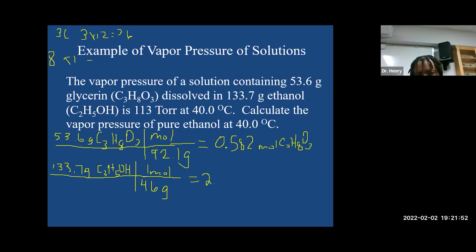So we get 2.91. Sorry, 4 sig figs in this case, so 2.907. Brain is not working today at all. And this is ethanol.